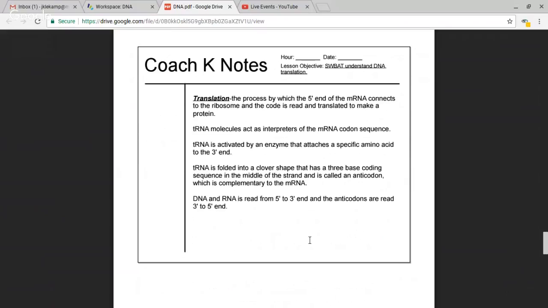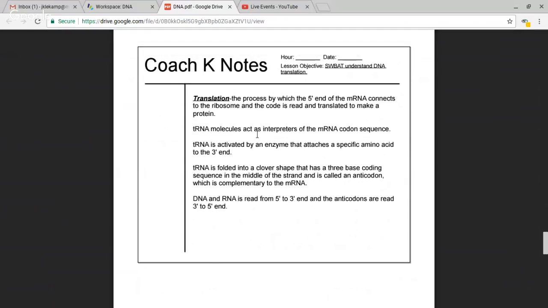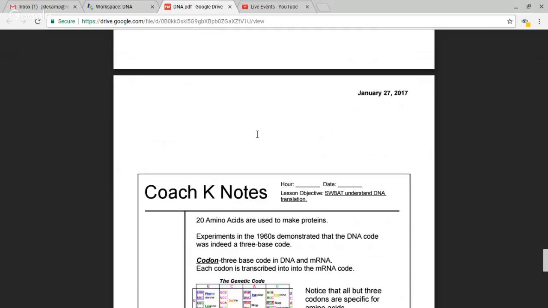We're going to use the bases adenine and uracil and cytosine and guanine. Okay, so these 3, what we call the anticodon, has an amino acid that's attached to them. As it comes in, you're going to have another polymer come in and take care of putting those amino acids together in a strand.